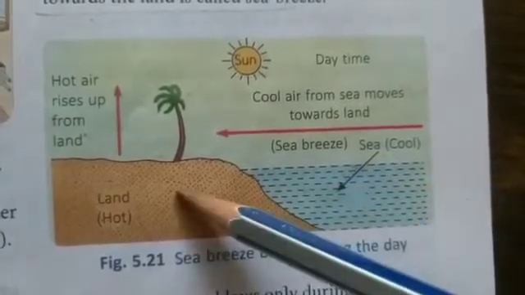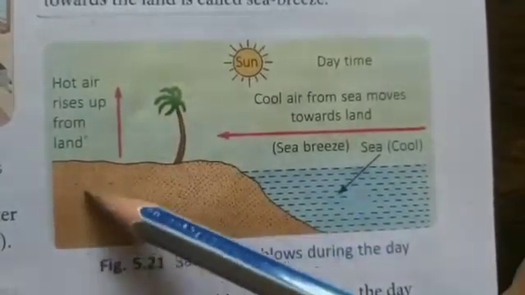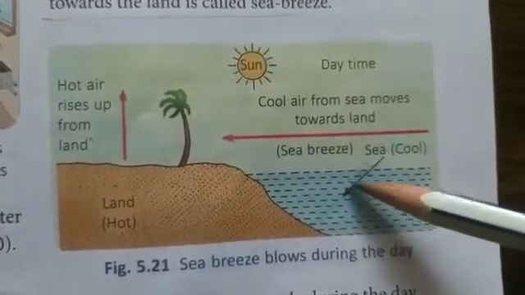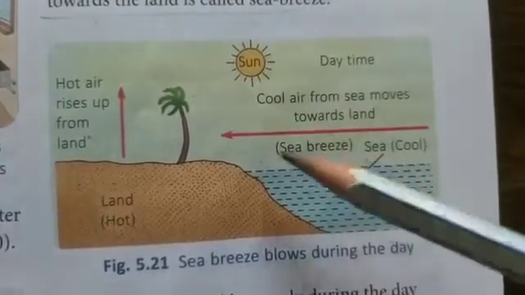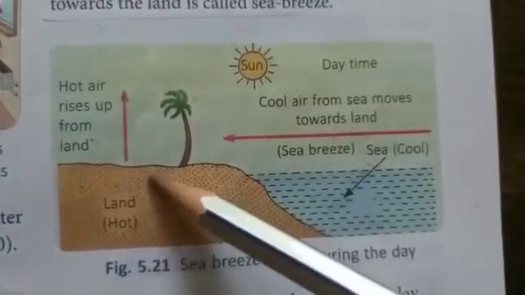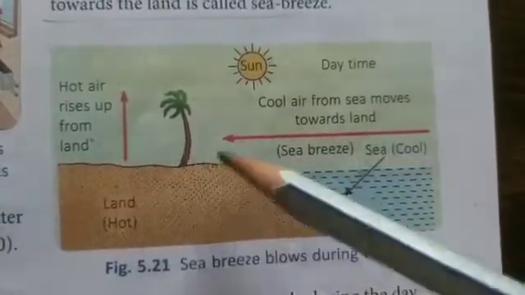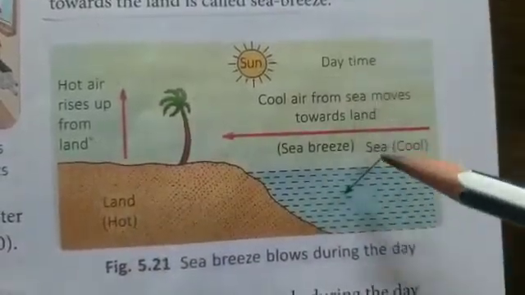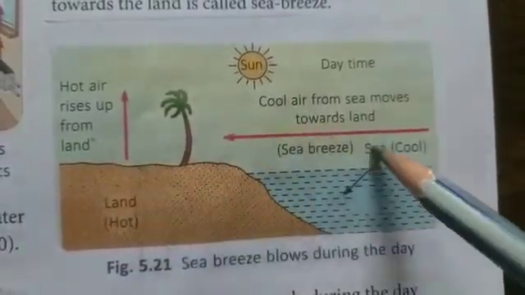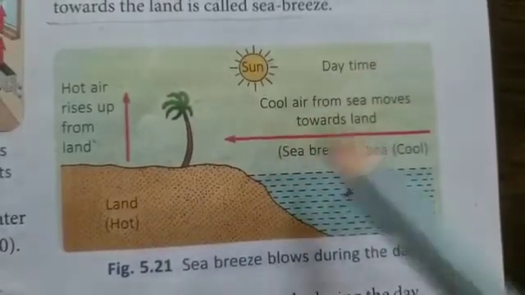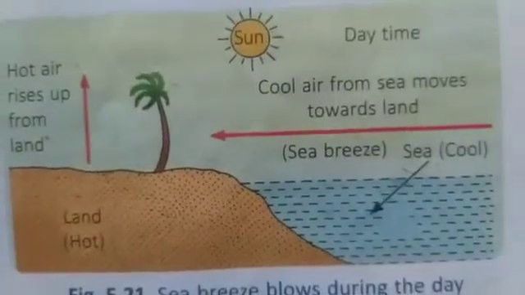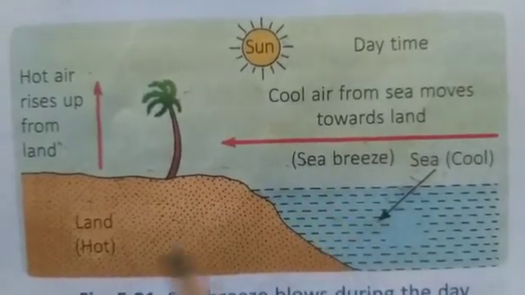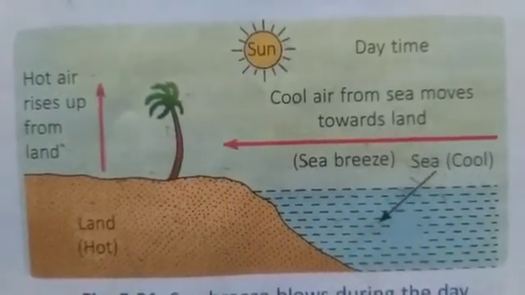The hot air over the land rises upwards and cooler air from over the sea moves towards the land in the form of a cool breeze to take the place of the hot rising air. The breeze blowing from the sea towards the land is called sea breeze. The cool sea breeze blows only during the daytime when the land is hotter than the sea.